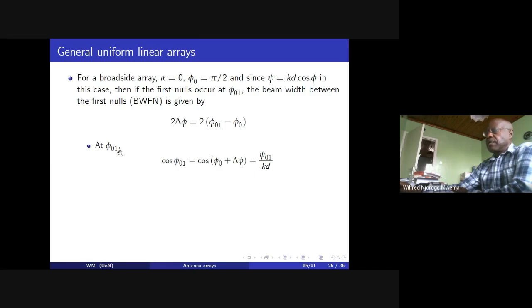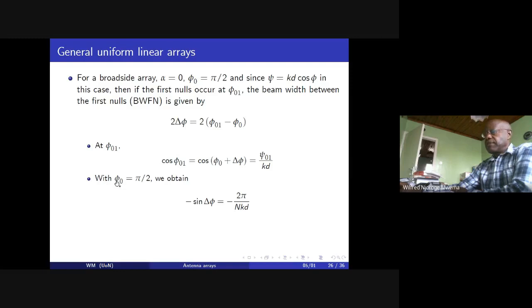Now at phi naught 1, the cosine of phi naught 1 is given by the cosine of phi naught plus half the beamwidth, and this will give us a value of psi naught 1 over kd.